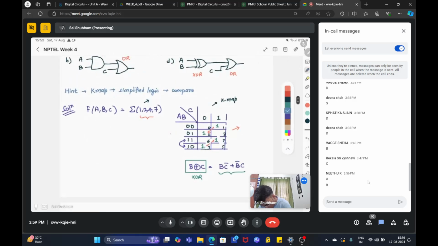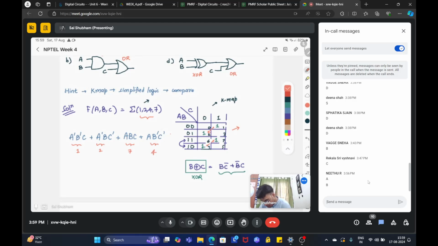So the expression will be, so this is your 1, this is 2, this is 7, this is 4.